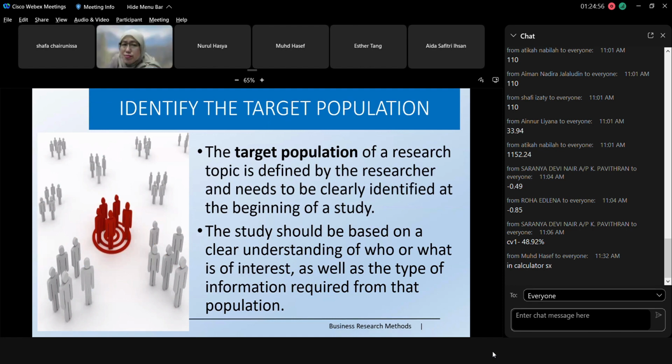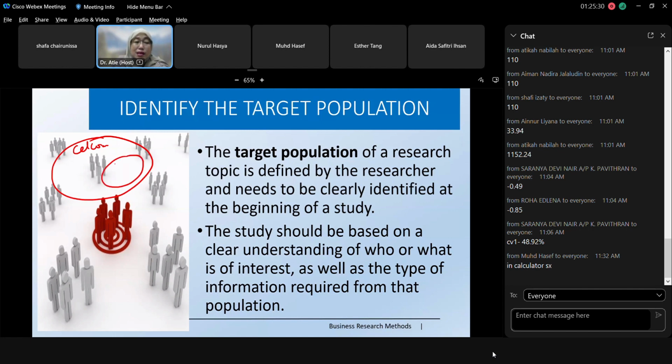Okay, so the next one is target population. What does it mean by target population? For example, I would like to study Celcom customers or Celcom employees. The Celcom employees can be very, very big. So for our FYP, we are not going to use all of them. Instead, we are going to take a sample.